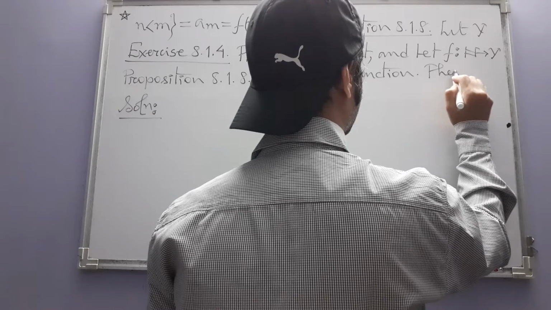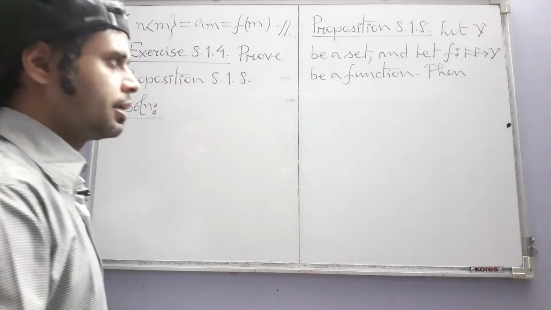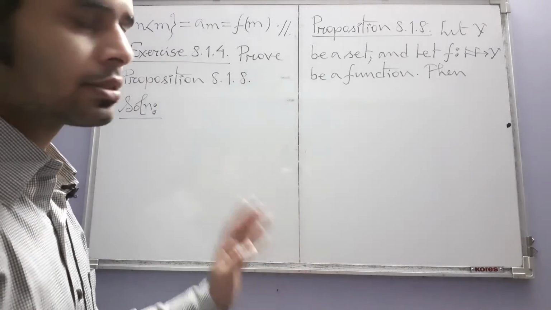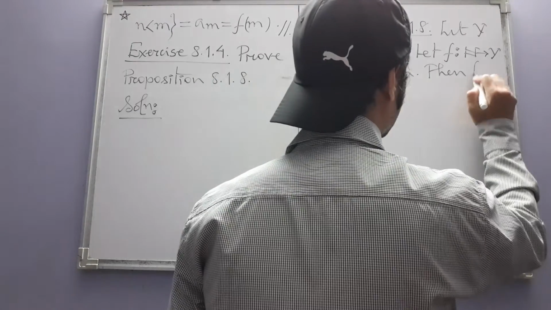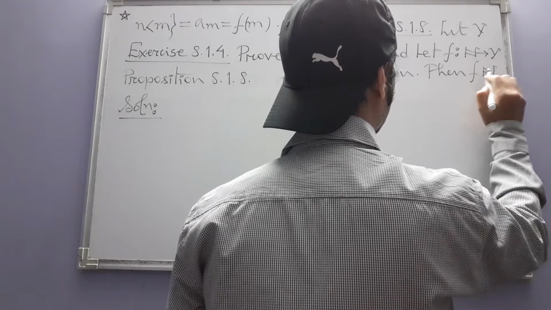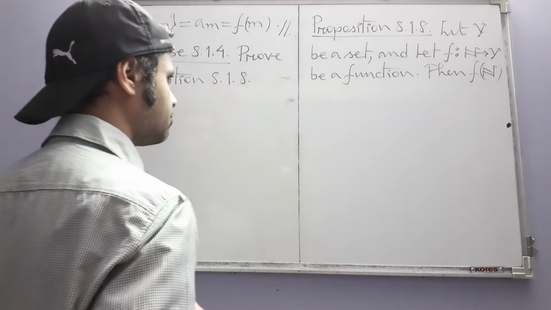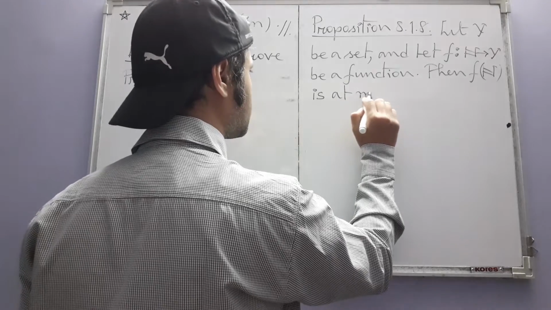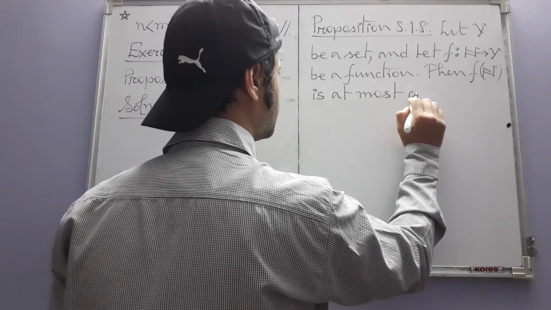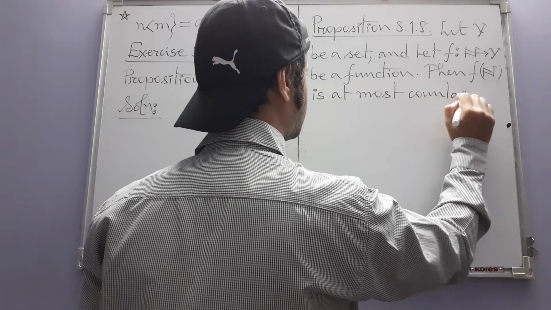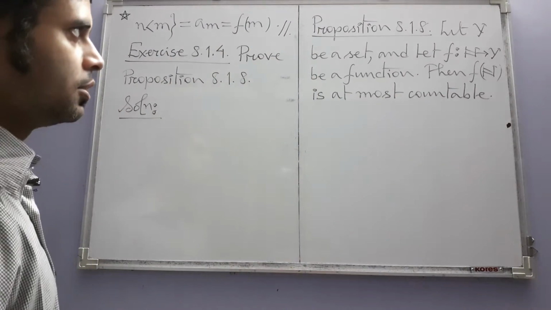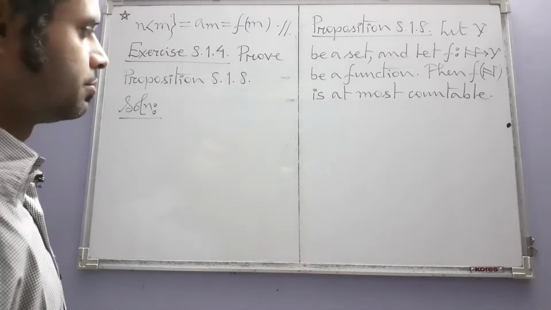Then, and it's also not said that say f is 1 to 1 or something else. F is just a function. Then the image of the domain under the function, that is f of n, is at most countable. This is what we have to prove.